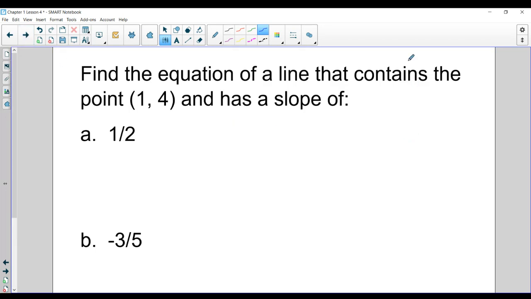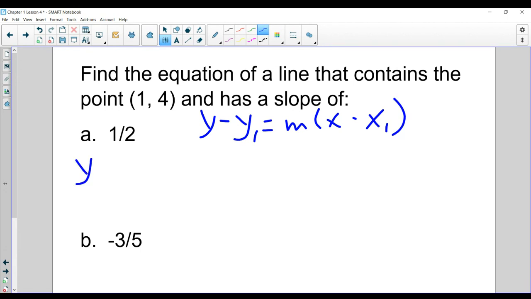Find the equation of the line that contains the point (1, 4) and has a slope of that. Again, I'm going to use this form. The big thing is people plug in x and y wrong. Make sure you plug in the 1 for x and the 4 for y.